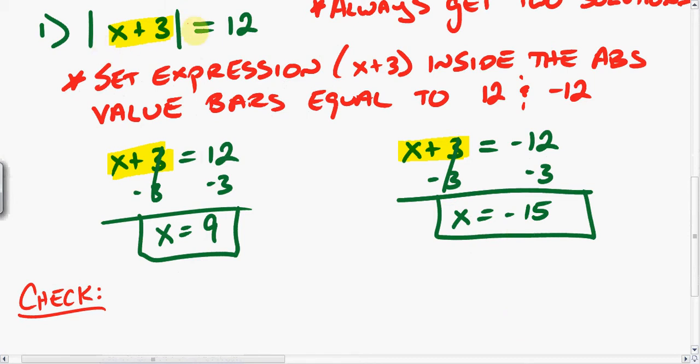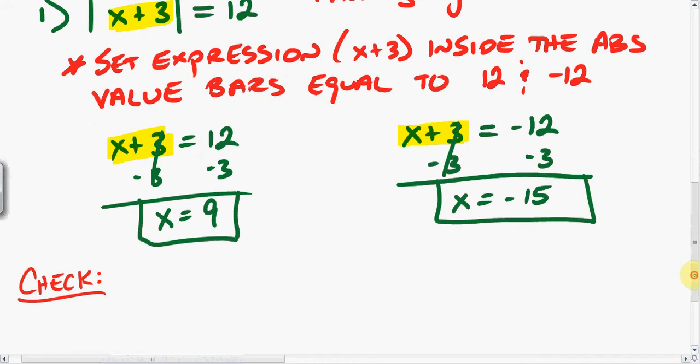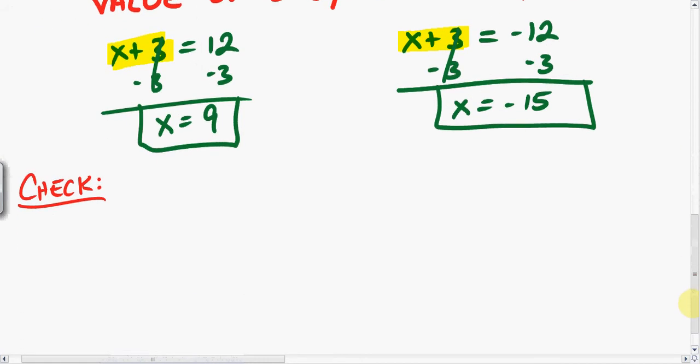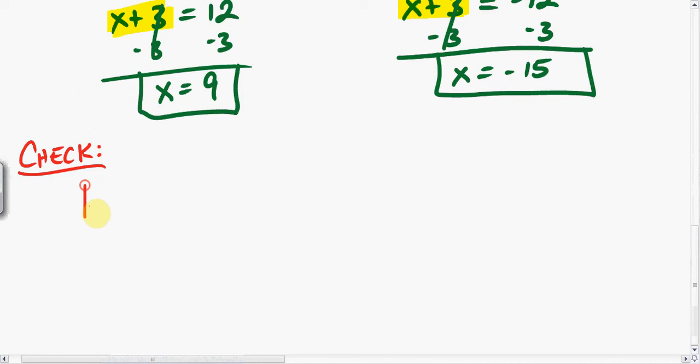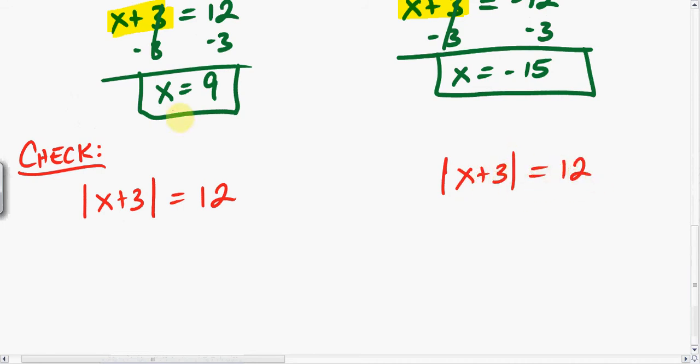We go back to our original problem, the absolute value of x plus 3 equals 12, and we're going to do that twice. So for x equals 9, we substitute the value of 9 in for x. So we've got 9 plus 3 equals 12.